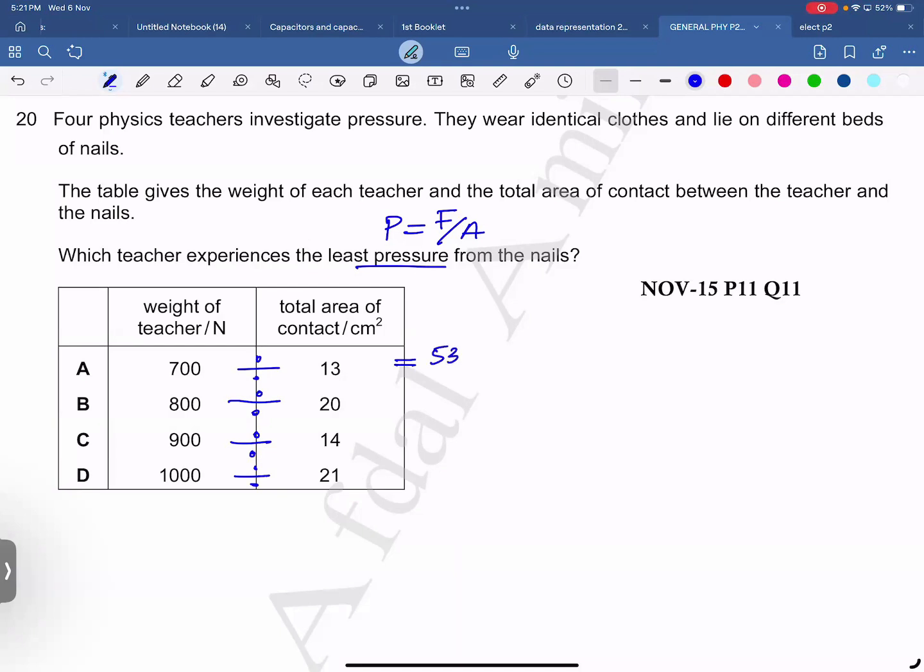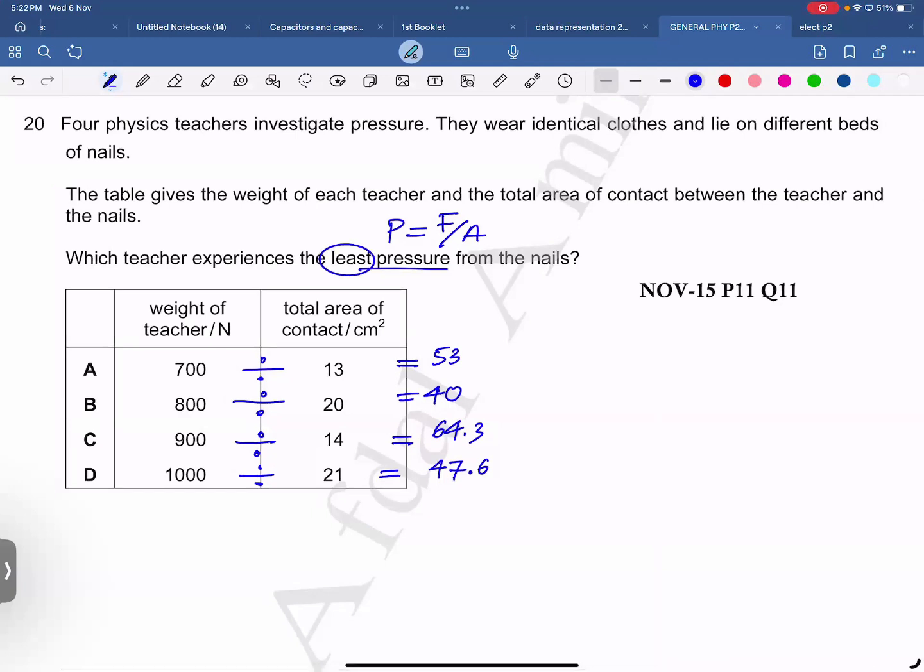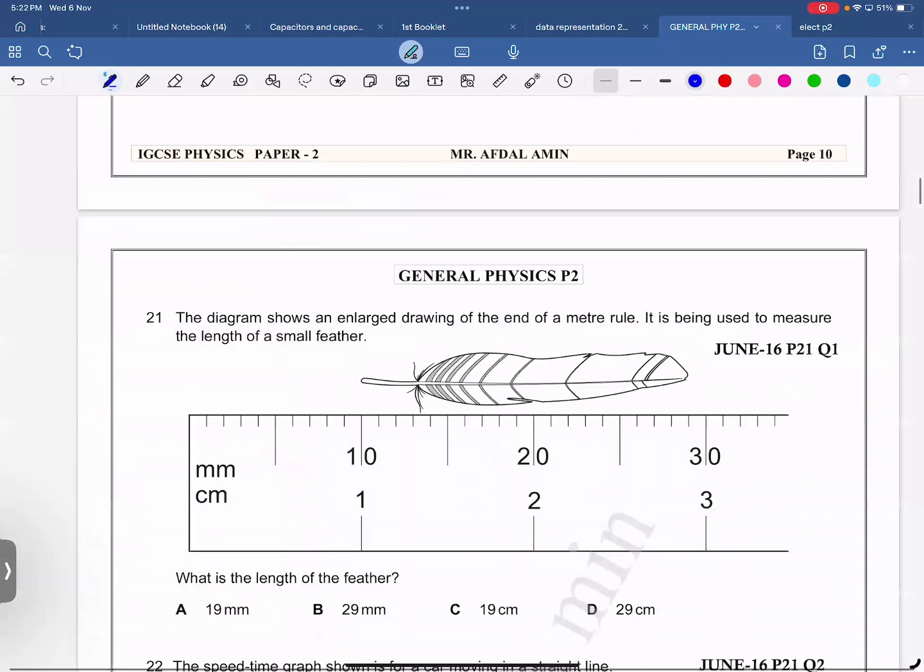Next one, 800 over 20, 40. 900 divided by 14. And 1000 divided by 21. They want the least. So the least one, as you can see, is this one. So pressure, you just do force over area. Option is B.